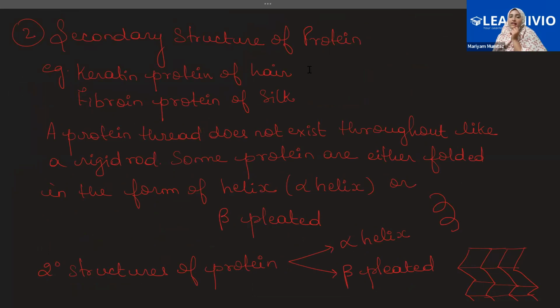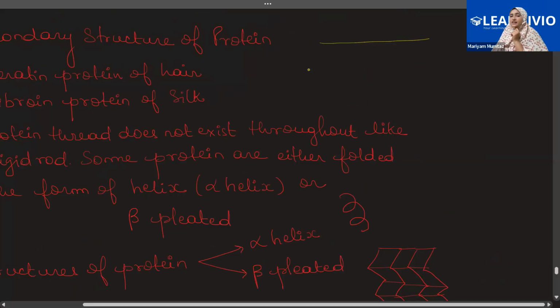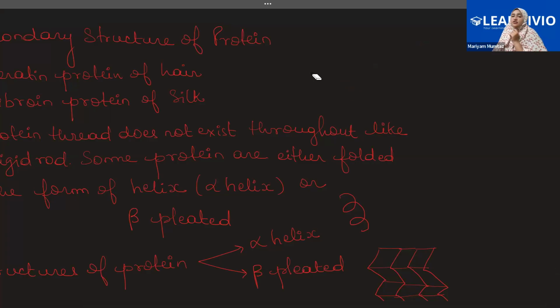Now see, if I say linear structure, it can be present in this way. So when this linear structure either starts coiling or starts getting placed in the form of a sheet, that is how the primary structure changes into the secondary structure.